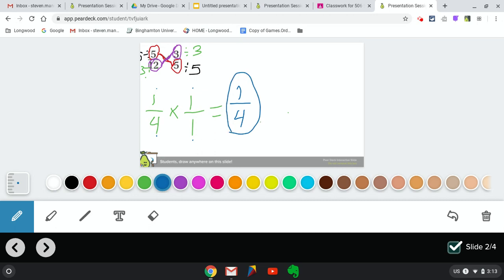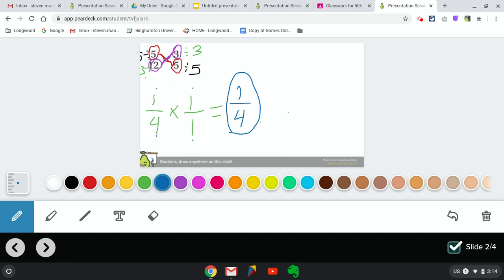These two questions were really nice because they gave us an answer where we could cross cancel, I'm sorry, in both fractions. Sometimes you're not going to be able to cross cancel all 4 numbers. Sometimes you may only be able to use 2 of those numbers. All right, guys, so today you're practicing multiplying fractions.